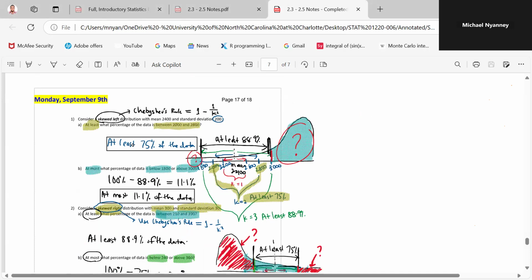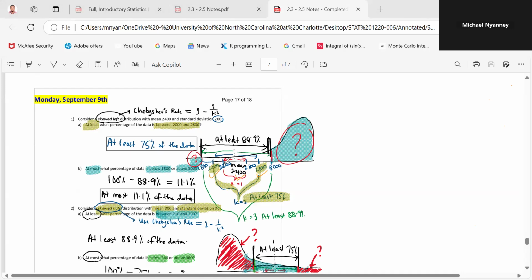If you double it, you're going to find some percentage of your data set falling within this interval. So we have our mean to be 2400. If you double the standard deviation and add and subtract, then you get 2800 for the upper and 2000 for the lower.